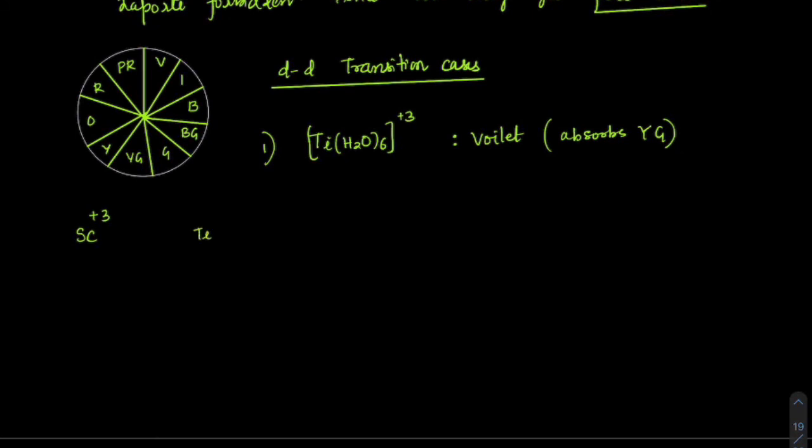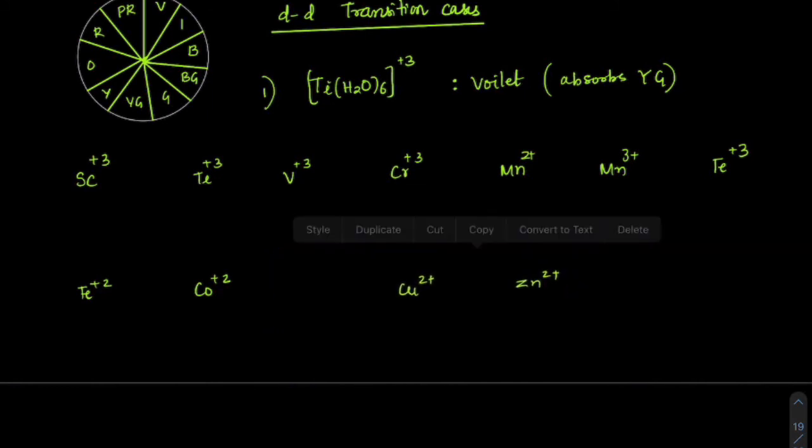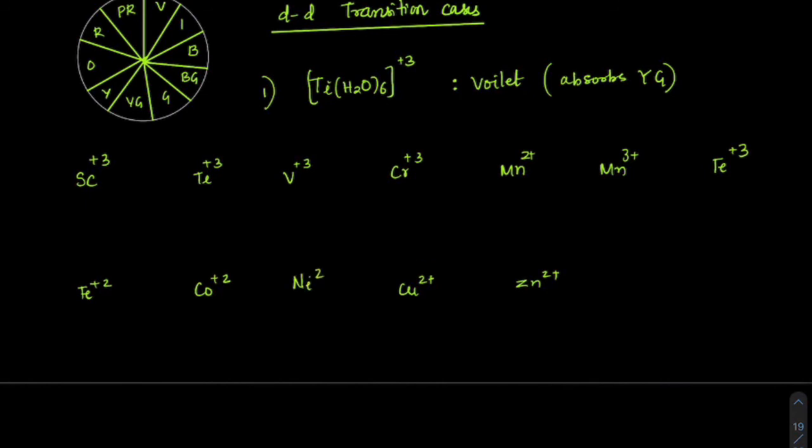Scandium plus 3, titanium plus 3, vanadium plus 3, chromium plus 3, manganese plus 2, manganese plus 3 also, iron plus 3, then we have iron plus 2, cobalt plus 2, copper plus 2, zinc plus 2. Okay, I didn't write nickel: nickel plus 2, cobalt, nickel, copper, zinc.